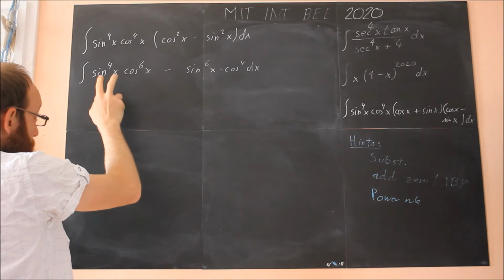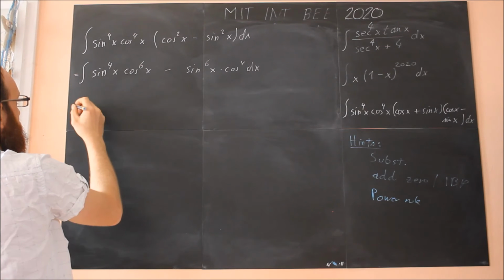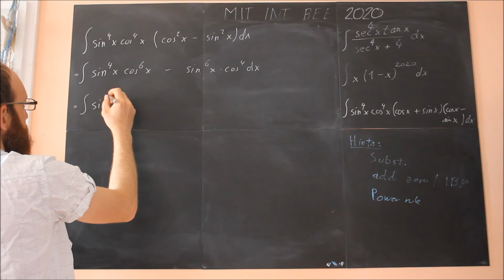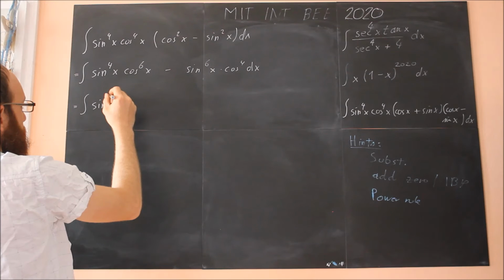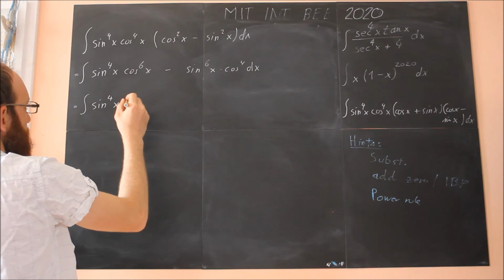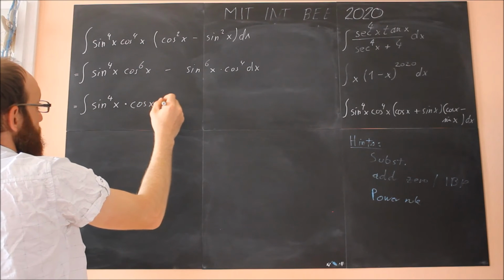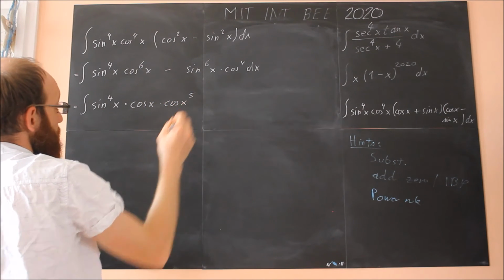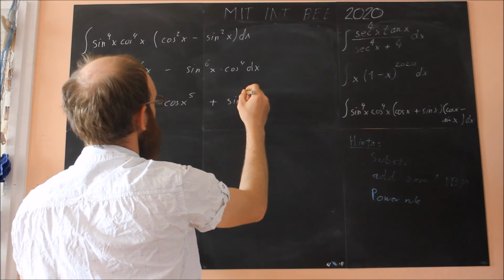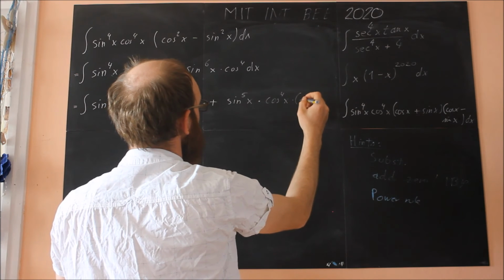So I write this as sine to the fourth times cosine x times cosine x to the fifth, and then plus sine to the fifth times cosine to the fourth times minus sine.